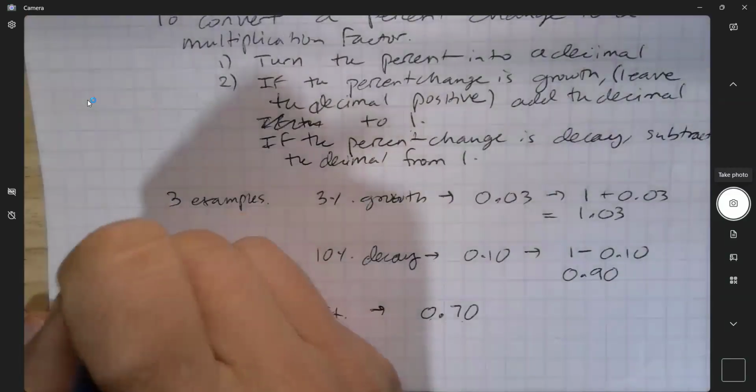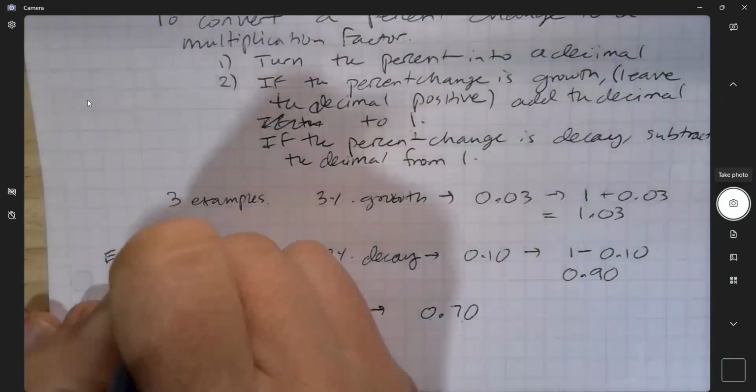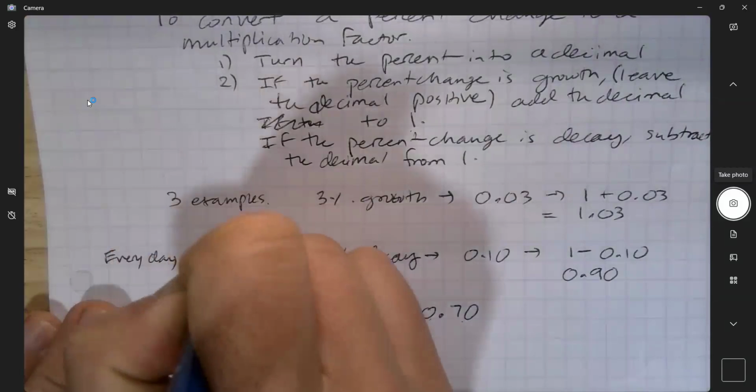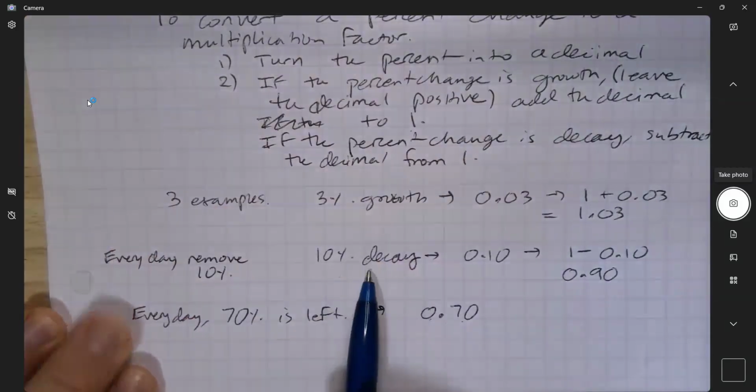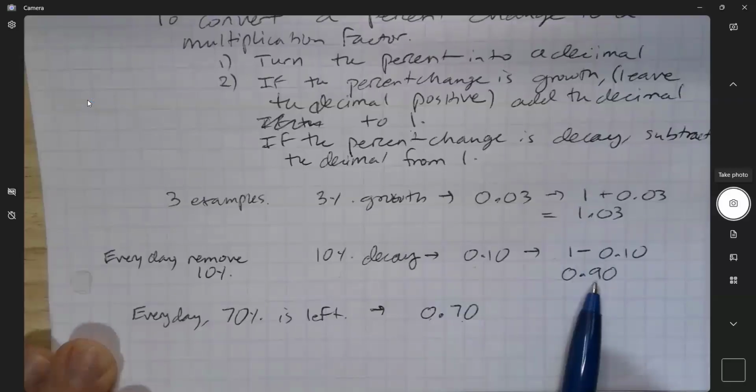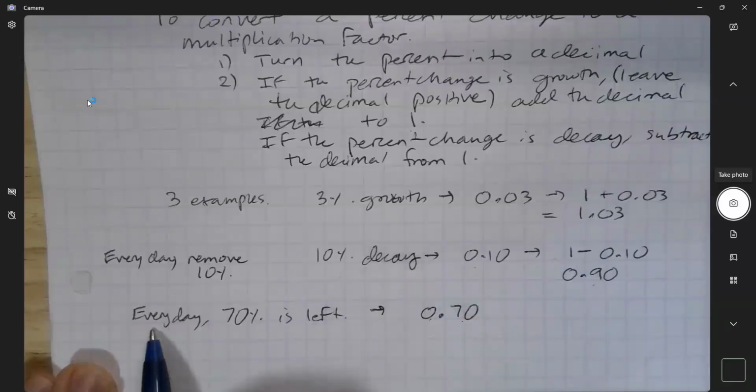So if it's every day remove 10%, that's 10% decay. So you subtract it to get 0.9. But if you have every day 70% is left, that's 0.7. Because the multiplication factor is always what you have left after a time period.